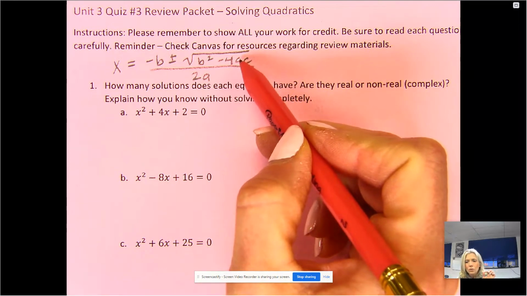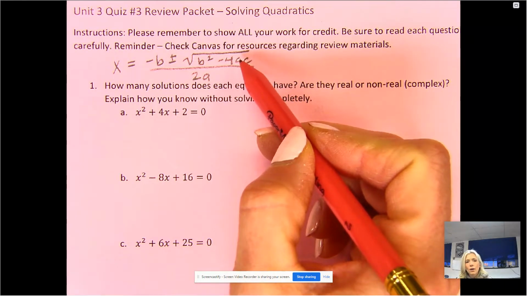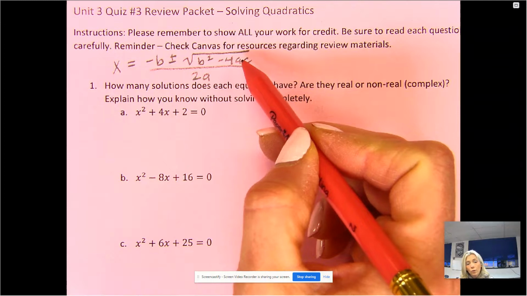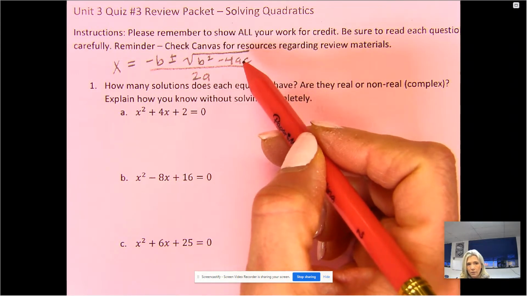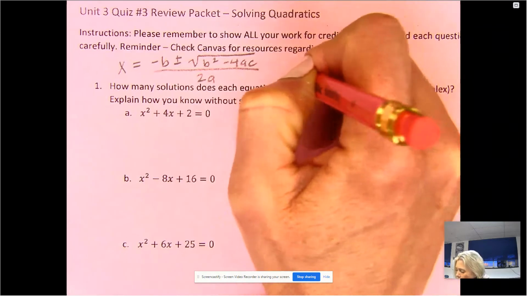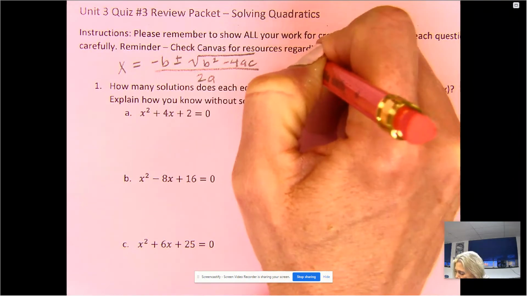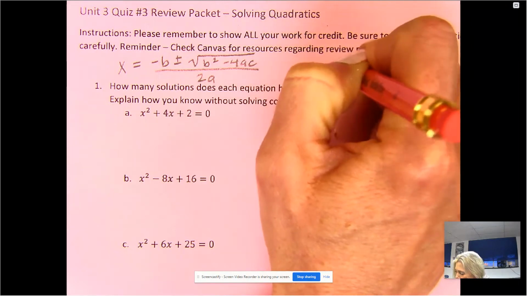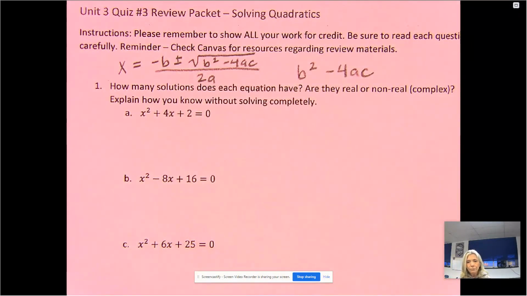That's what we use to know how many solutions there are and then whether they are real or complex. Okay? So what we really want to know for number 1 is what is the value of just b squared minus 4ac. Okay? If we can find that, then we can answer how many solutions.